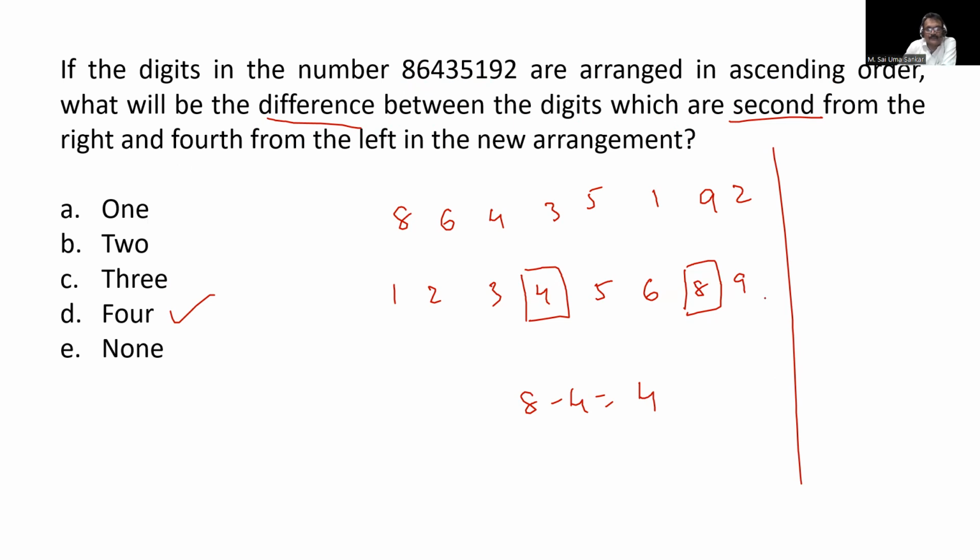What is the second digit from your right? That is equal to 8, right? Now, in the ascending order, what we require is the fourth digit from your left-hand side. So first is 1, second 2, third 3, and fourth is 4, right? 8 minus 4, that is 4. 4 is the answer. That's it.